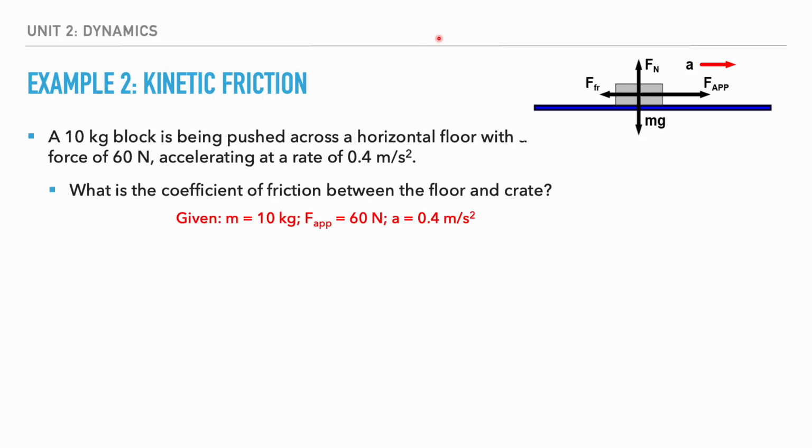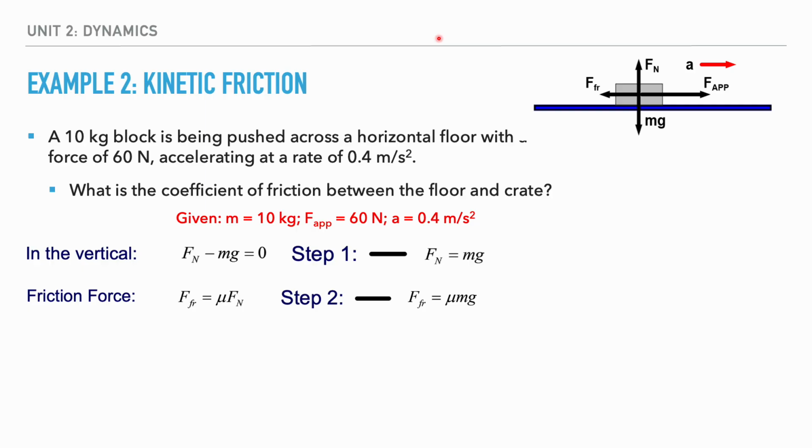So given, there's my mass, my applied force, my acceleration. In the vertical direction, Fn equals mg. Friction force equals mu times normal force, which is mu mg. In the horizontal, I know the applied force minus the friction force is mass times acceleration.